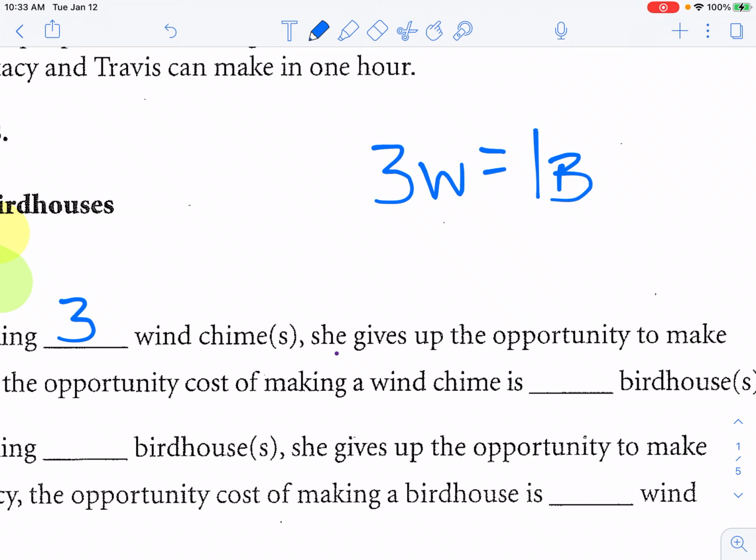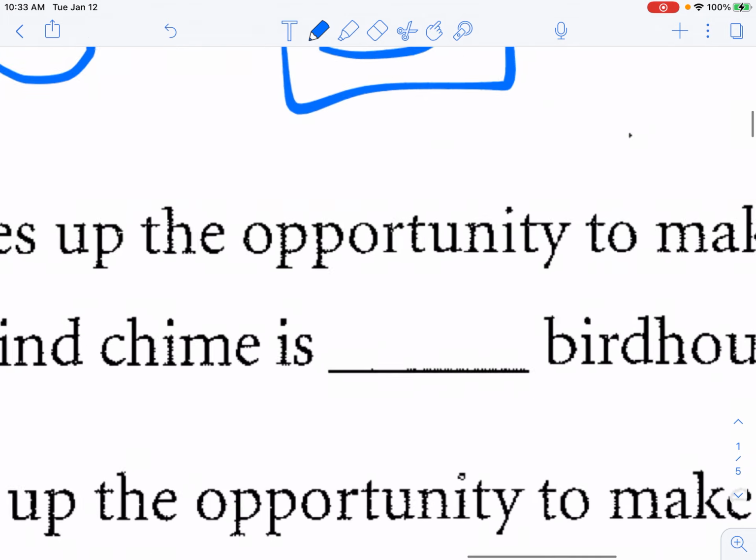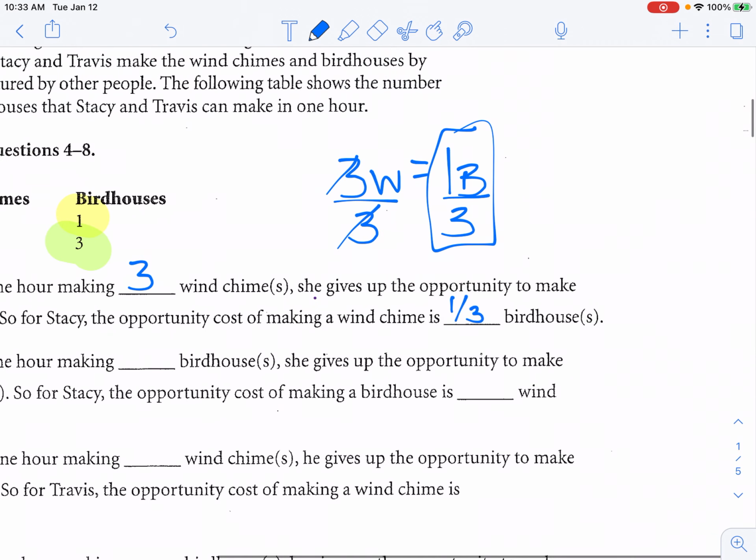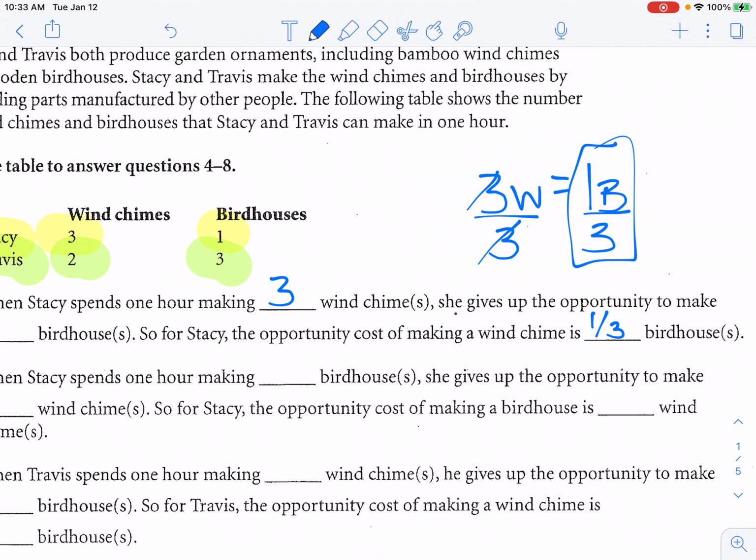So her opportunity cost of making a wind chime, divide these sides out by 3, is 1/3 of a birdhouse. So in the time that it takes her to make one wind chime, which is about 20 minutes according to the chart, it's 20 minutes she couldn't spend building a birdhouse, and in that 20 minutes she normally could produce about 1/3 of a birdhouse.